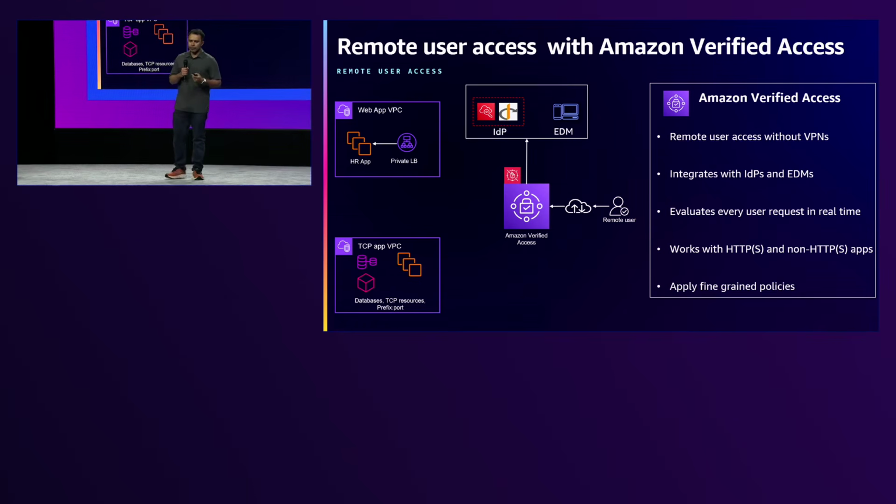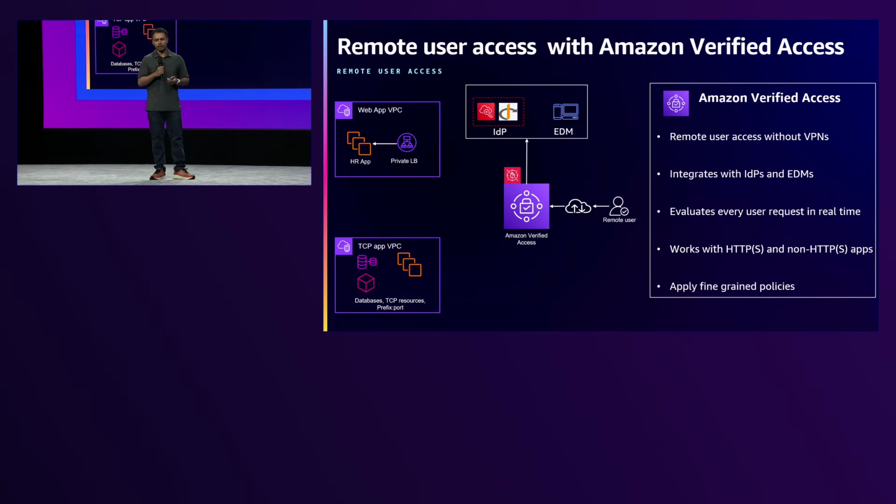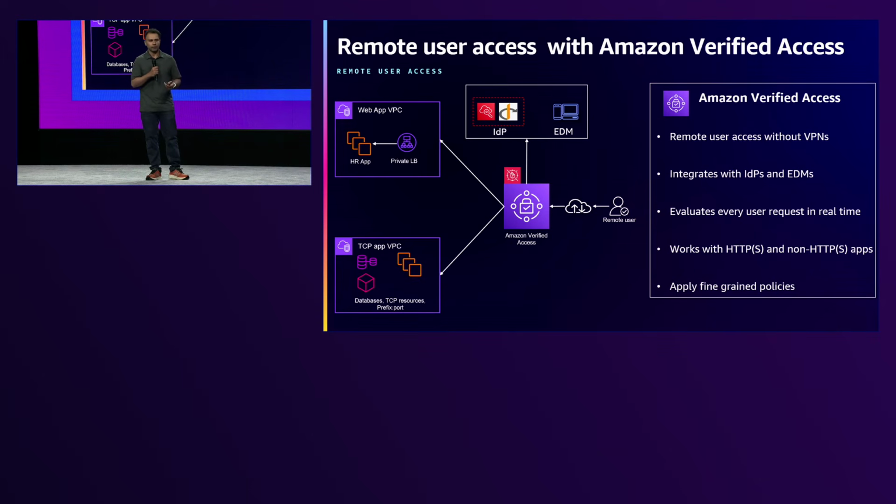Now finally, you can apply fine-grained policies on the applications that you onboard to AVA. After the IDP authenticates all the user requests, and after your AVA policy says the request is good, only after that AVA sends traffic to the backend application. So from this perspective, it provides an alternative to a firewalling architecture.